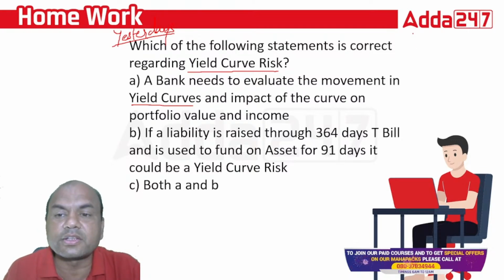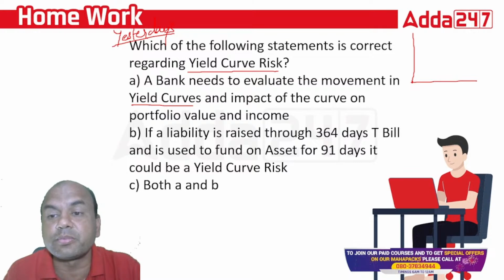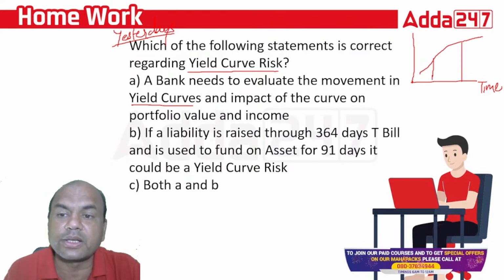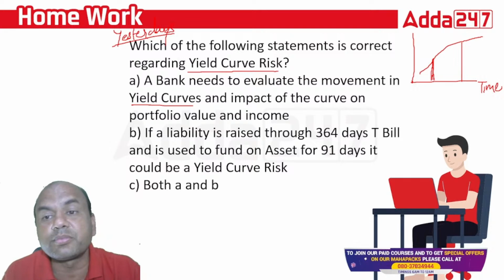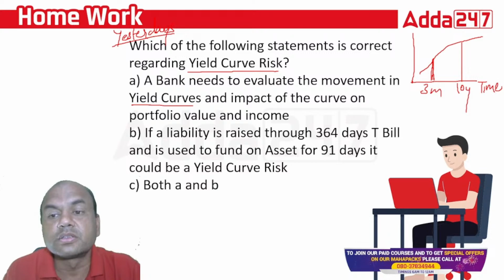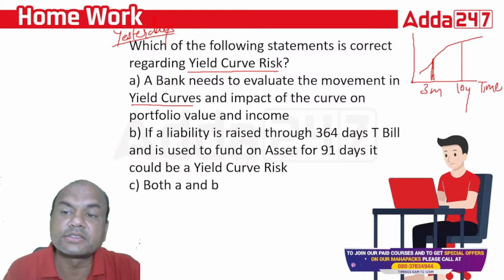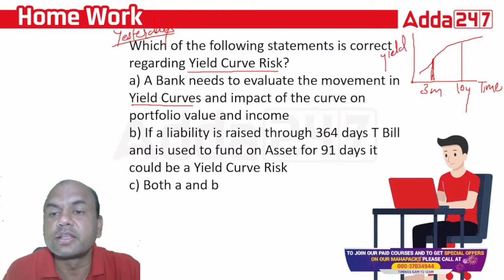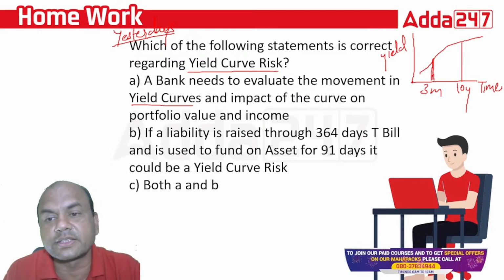So when I plot various yields for various maturities, this is time, for various maturities, I get this curve, and this curve is known as yield curve. Let's say for a bond of AAA rating of various maturities, 3 months to 10 years, if I plot these bonds and their yield, on the y-axis it is yield and on the x-axis it is time.